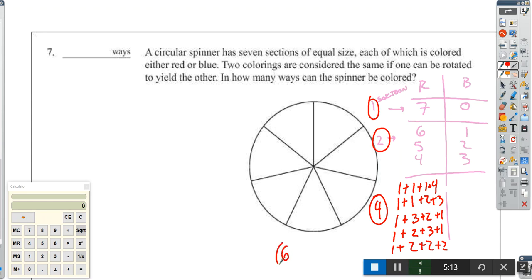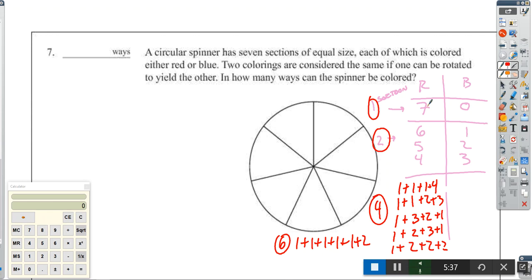For 6 sections, I can have 1 plus 1 plus 1 plus 1 plus 1 plus 2. So that means I have a total of 10 different ways of organizing this that are unique.